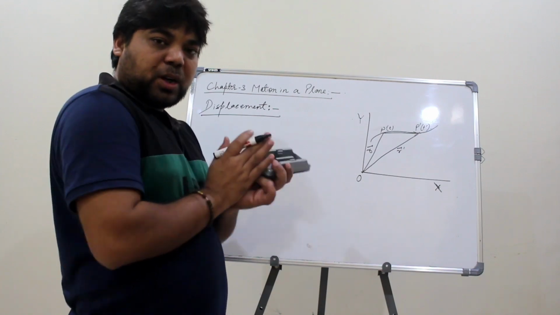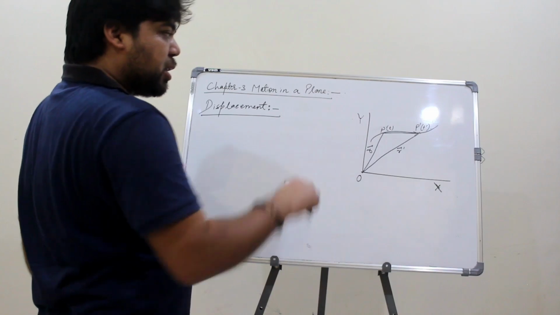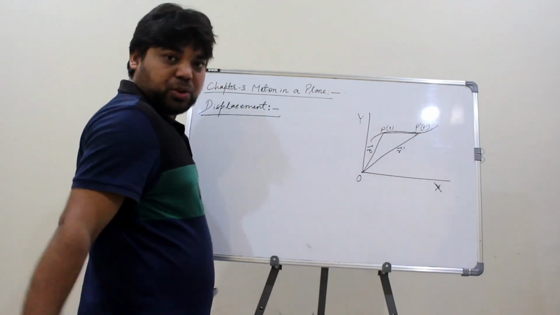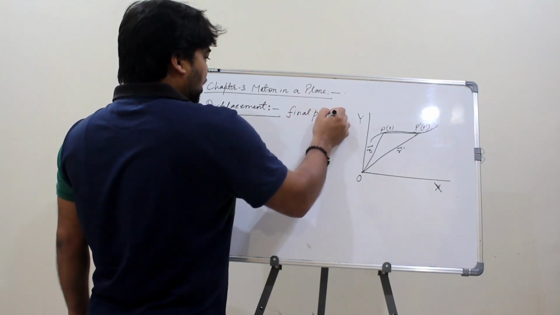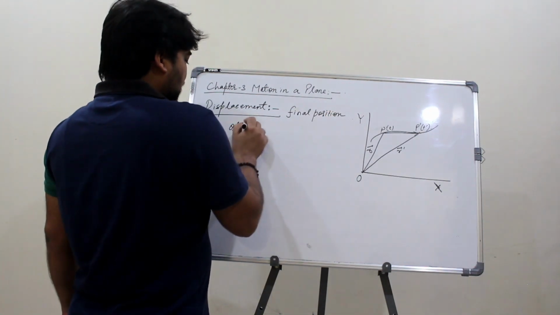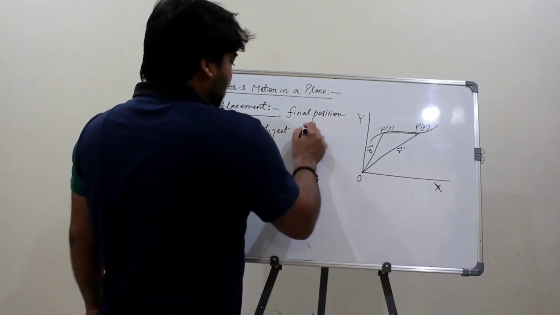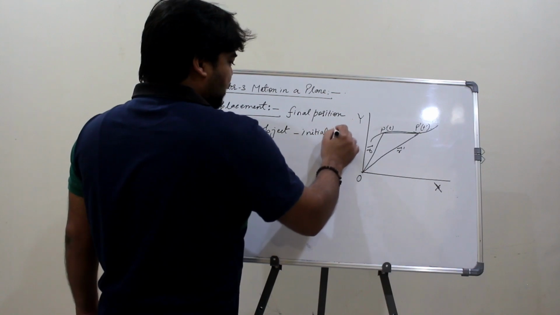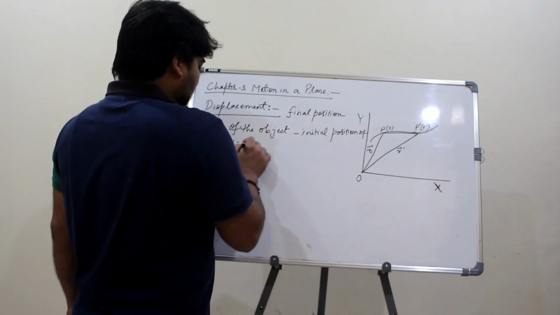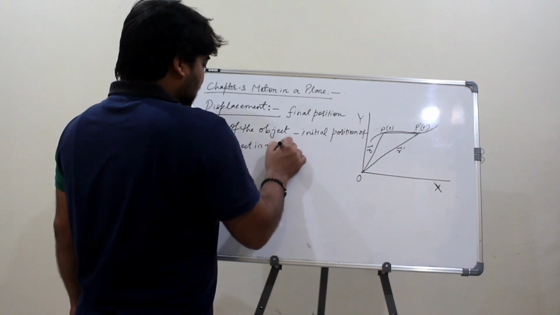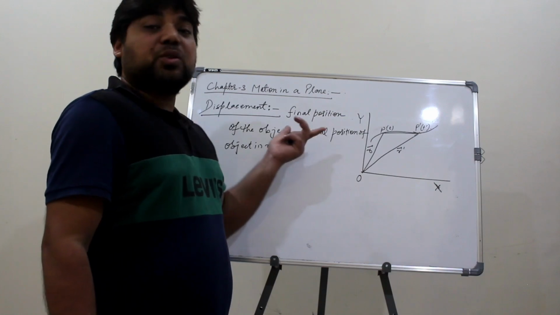If you want to find the displacement, you simply take the final position minus the initial position of the object in the motion. Now what is final and what is initial here? They are the positions between which you want to find the displacement.